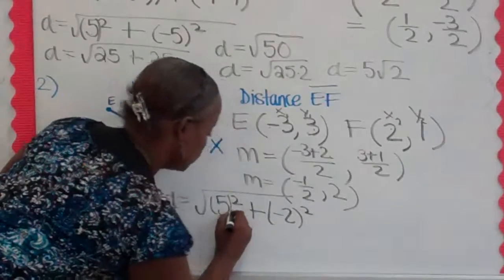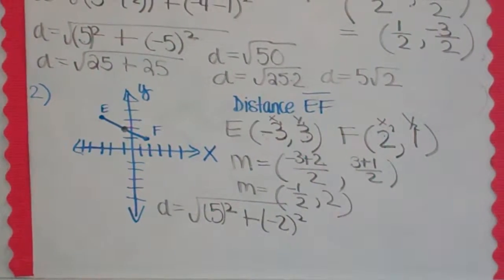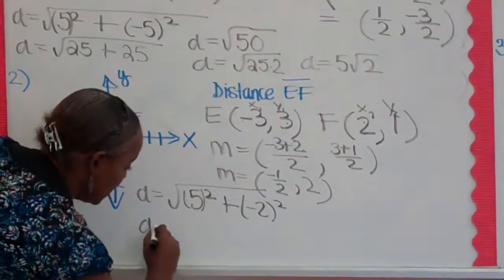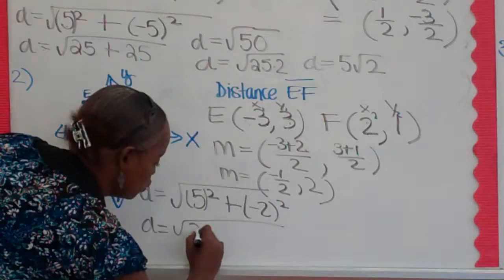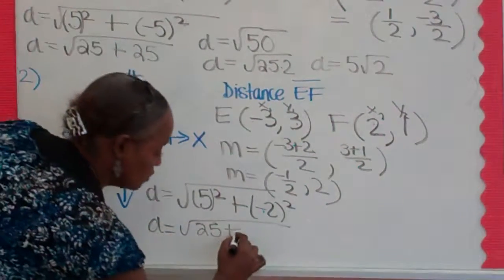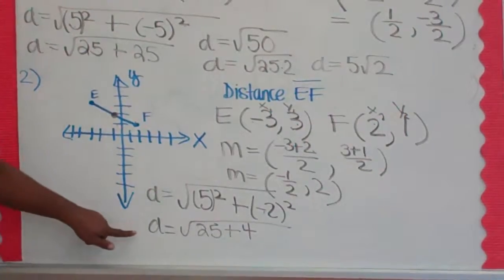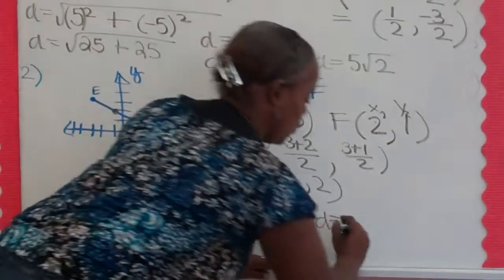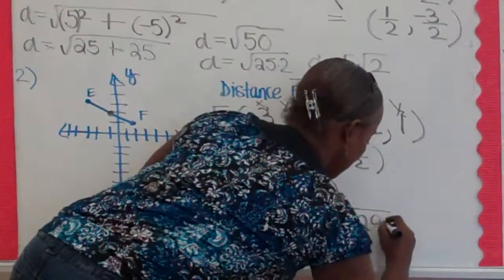I can put both of those in parentheses. So we're subtracting and then squaring. So now we have D equals the square root of 25 plus -2 times -2 is +4. So D is equal to the square root of 29.